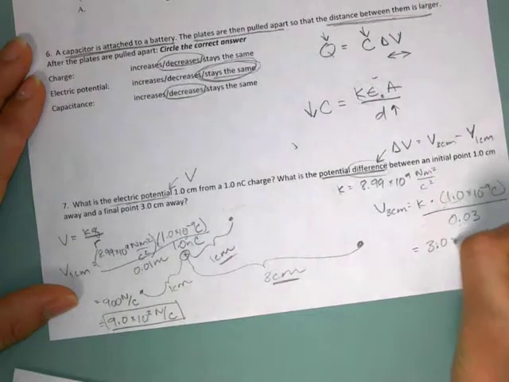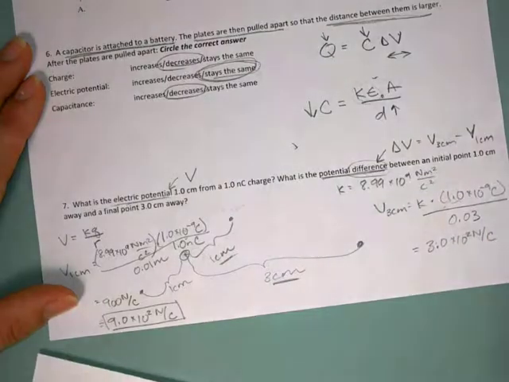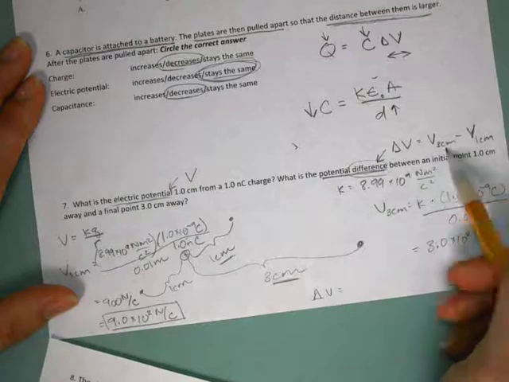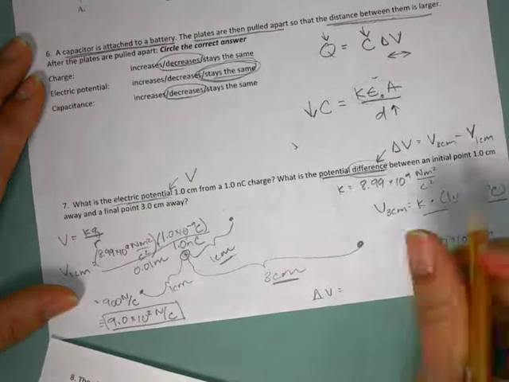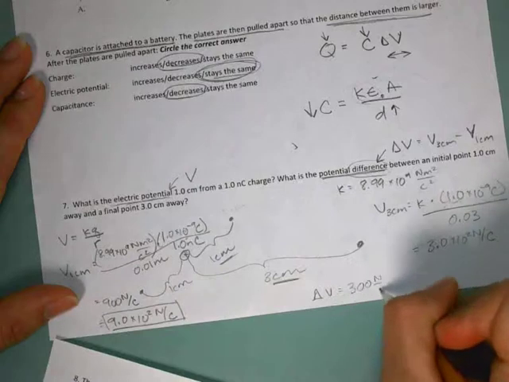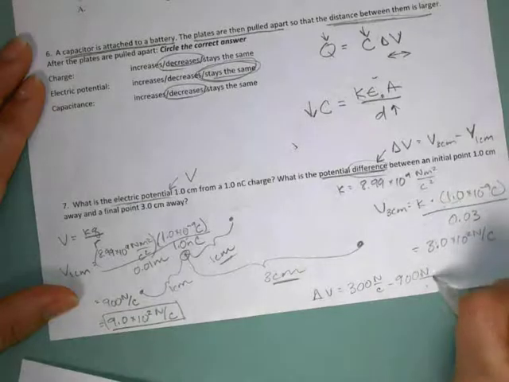And the delta V is going to be that number minus that number, so that's going to be the 3 centimeter answer, 300 newtons per coulomb, minus 900.